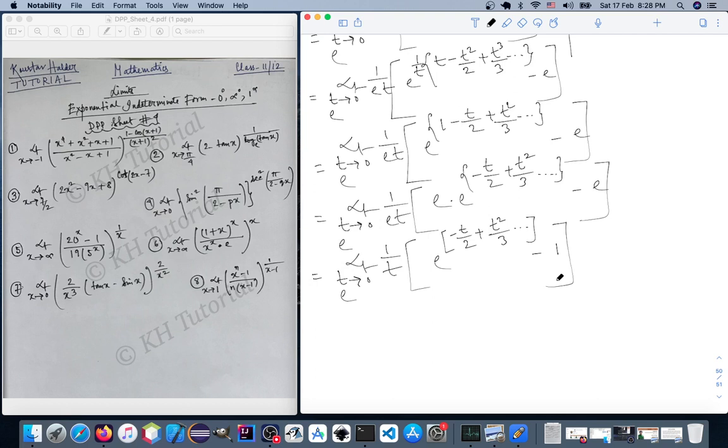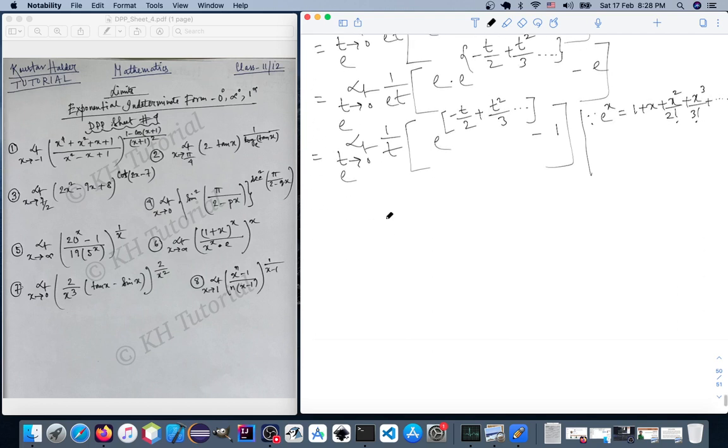So again we have to use the expansion series of e to the power x. What is the expansion series of e to the power x? 1 plus x plus x square by 2 factorial plus x cube by 3 factorial and so on.